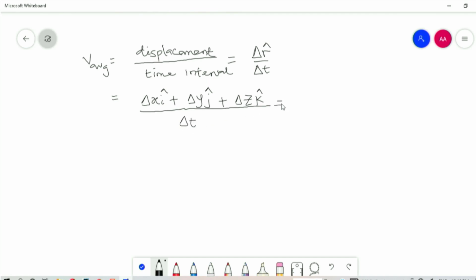Then this can be split into delta x i upon delta t plus delta y j upon delta t, then plus delta z k upon delta t.